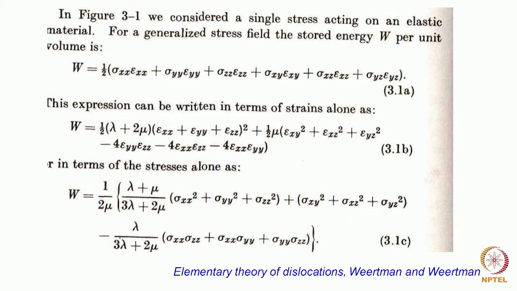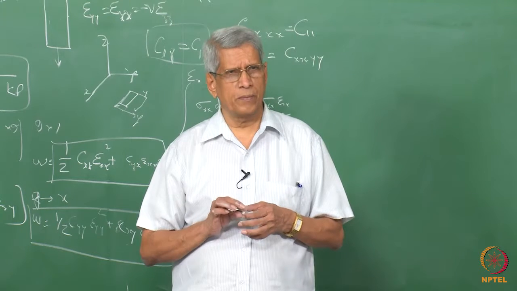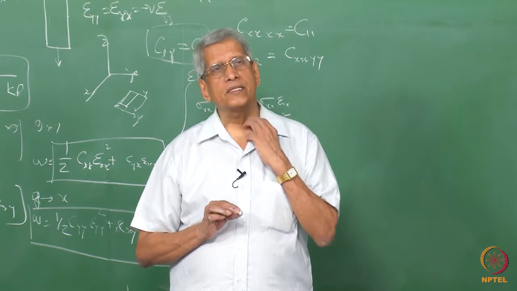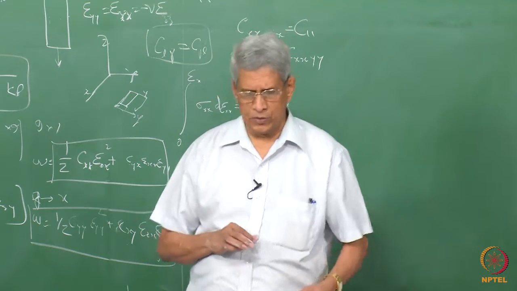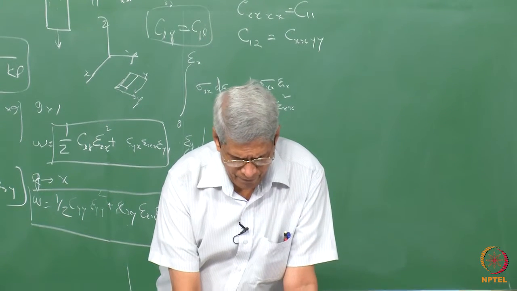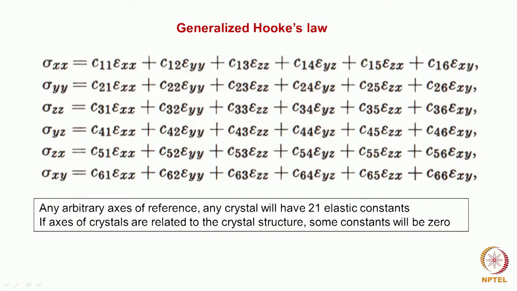But so far we talked about stresses which we consider as uniform throughout the sample, but that need not be the case always. Before we come into this, let us look at one more aspect: the number of independent elastic constants reduces to 21.